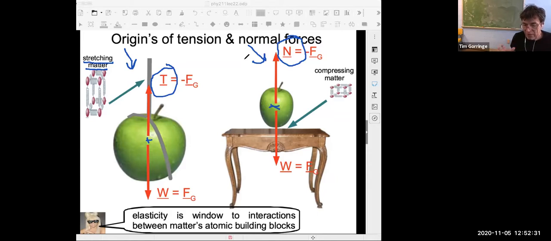And this deformation, what we'll call elasticity of materials, as Lady Gaga is saying on this slide, is a real window into the atomic and molecular interactions between the atoms and molecules that are the basic building blocks of all the materials, like the steel rod or anything else.